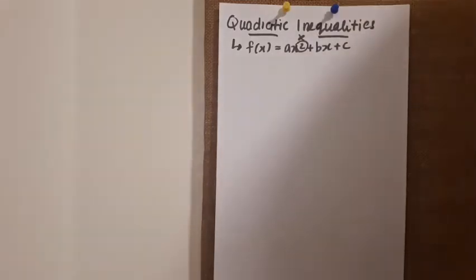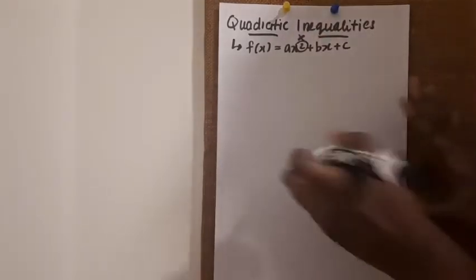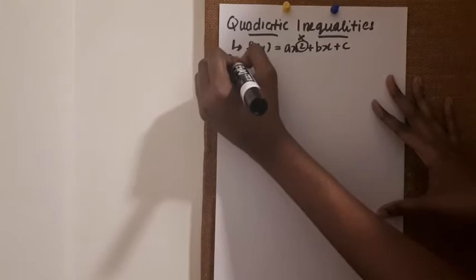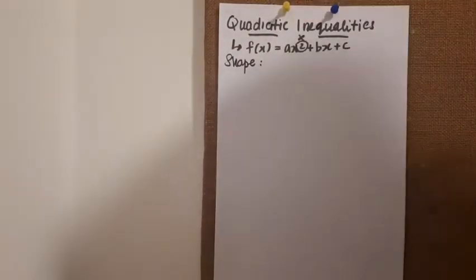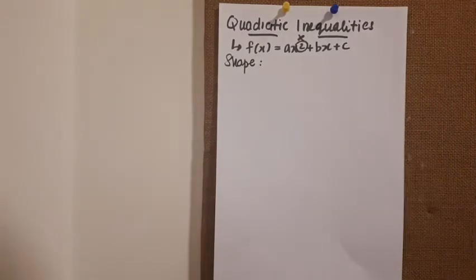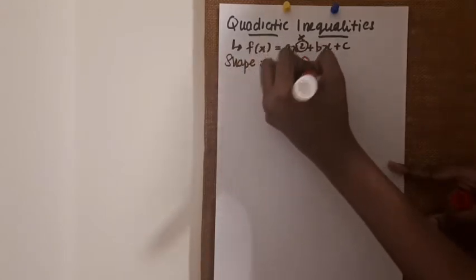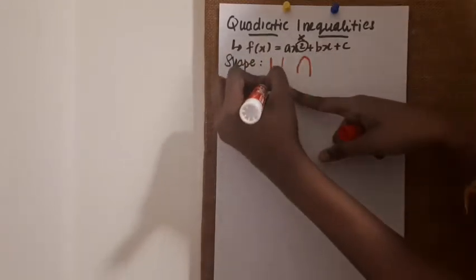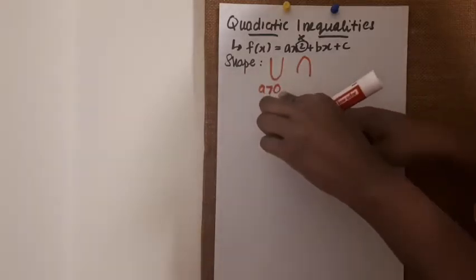We have two things to remember today. The first thing is the shape of the graph. I just want to recall we have two shapes, which is the smiley graph and also the sad curve or sad graph. We obtain the smiley curve when a is more than 0, which means a is positive.